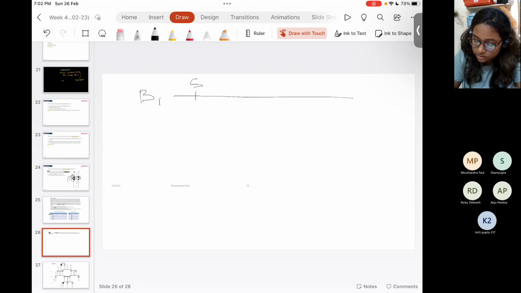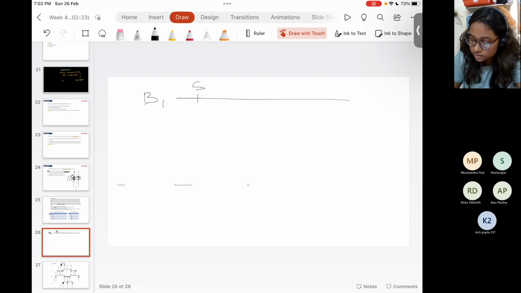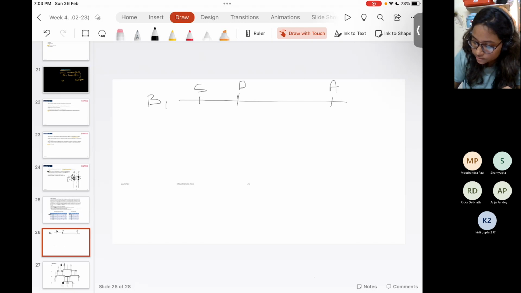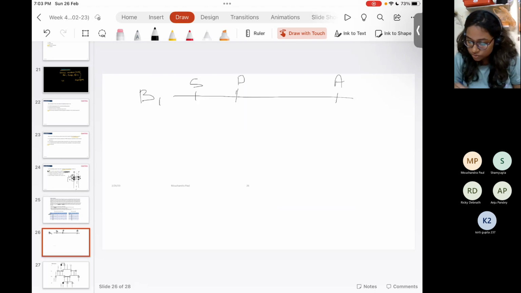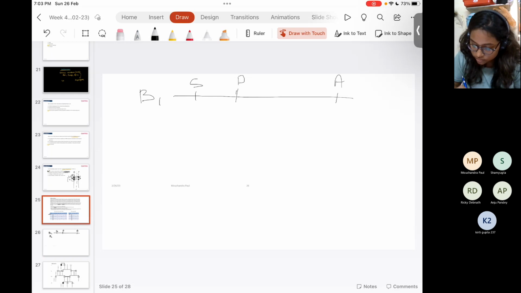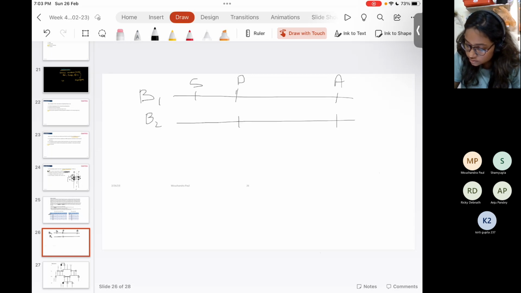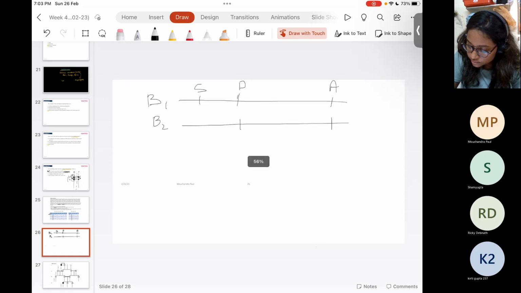Let's assume S is here, D is here, A is here. Then in B2, D and A are here. So if you draw a fragment like this, D and A are here.